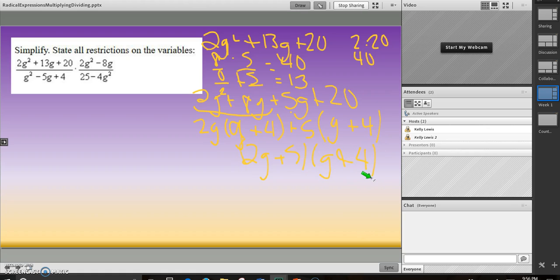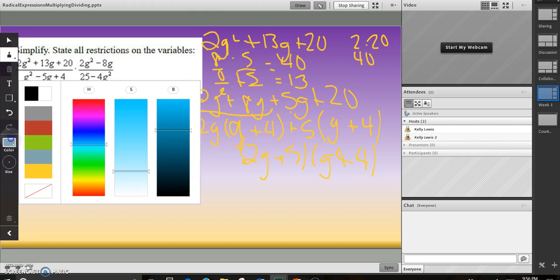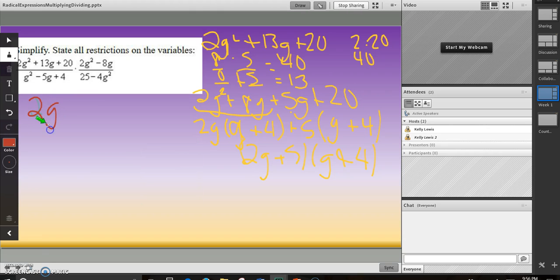I'm going to write this down on a piece of paper. 2g plus 5, g plus 4. Right, now let's do the next one. 2g squared minus 8g. I can take out a 2 and they both have a g, so I have a g minus 4.